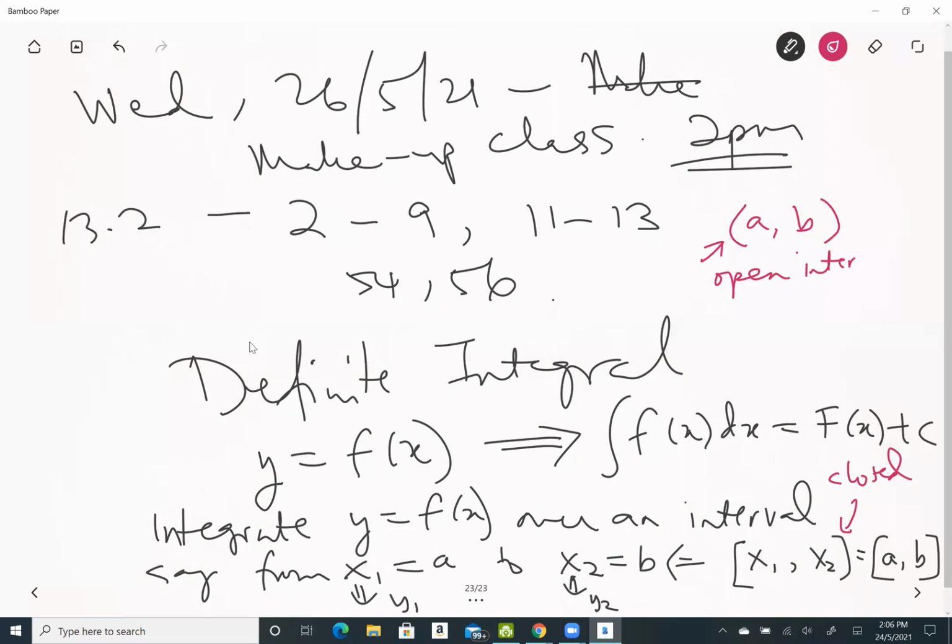In other words, with a closed interval the endpoints are included, and with an open interval the endpoints are excluded. So the values of x, a and b, are included in the interval. Question? So that is the interval, and you are going to integrate the function over that interval.